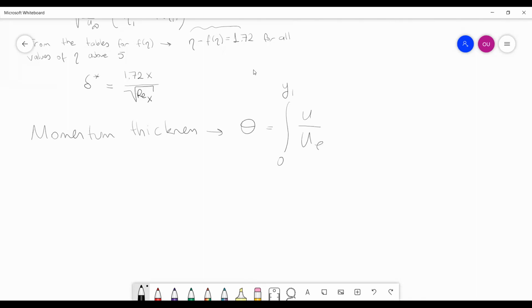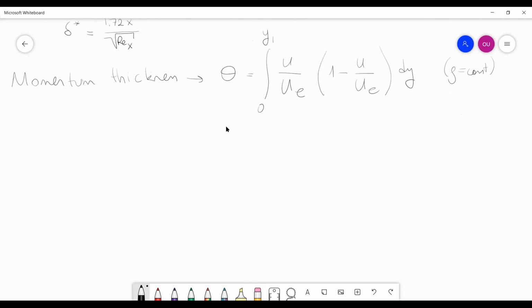For incompressible flow, this is equal to the integral of u over U_e times 1 minus u over U_e dy, again for rho constant. We insert the u value we obtained from the Blasius solution. I'm not going to do the exercise a third time, but what we get is theta equal to 0.664 x divided by the square root of Reynolds x.